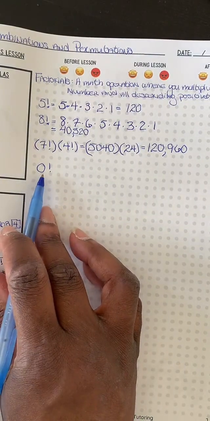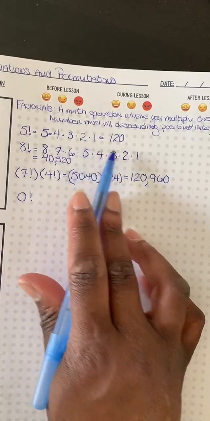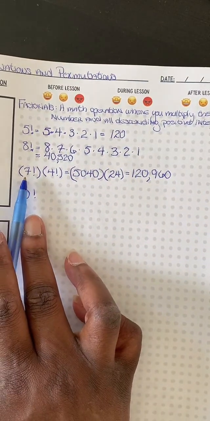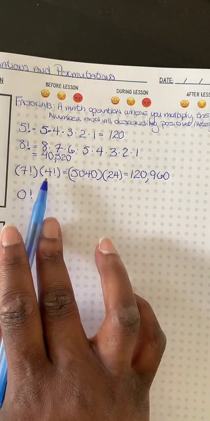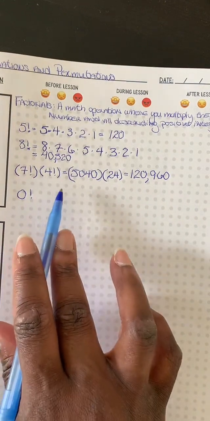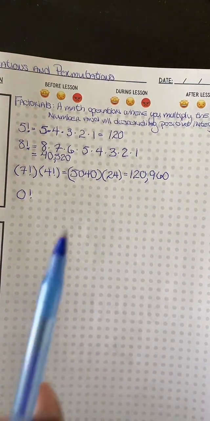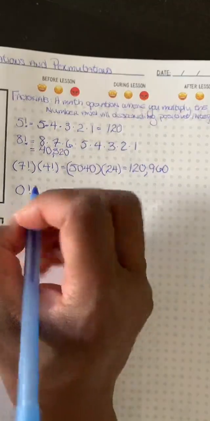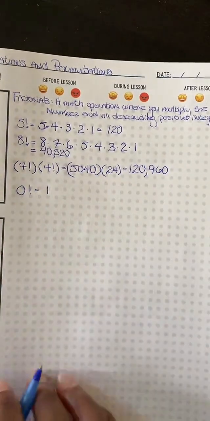So 0 factorial, notice that all the factorials end in 1. If I did the 7 factorial, the 7, 6, 5, 4, 3, 2, 1 is the last one. The 4 factorial, 4, 3, 2, 1, it never has a 0. So if I have the 0 factorial, that means I just end in 1.